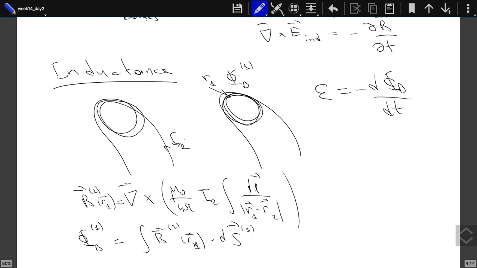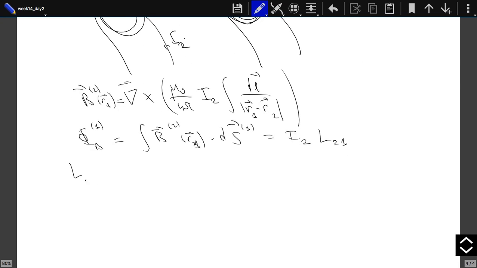If we factor out that I2, what remains does not depend on the current. And that we will call L, the inductance of 2 on 1. It's called mutual inductance, and it is defined as L21.